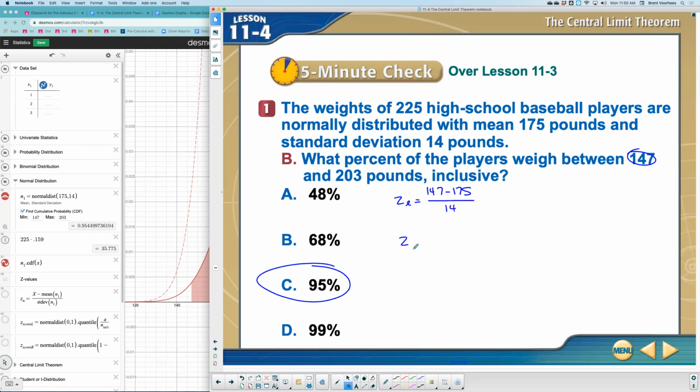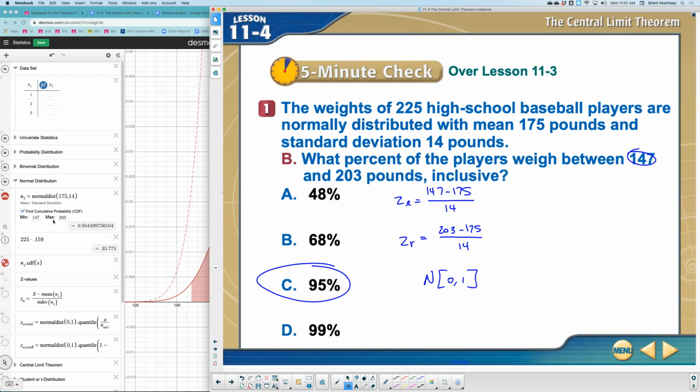And the Z-score value for the right side, so we'll do ZR like that, would equal the 203 minus 175 divided by 14. And this is if you wanted to use the normal with a mean of 0 and a standard deviation of 1. That means the standard normal. If you want to use this distribution, you could do so, and you would use these Z-score values.